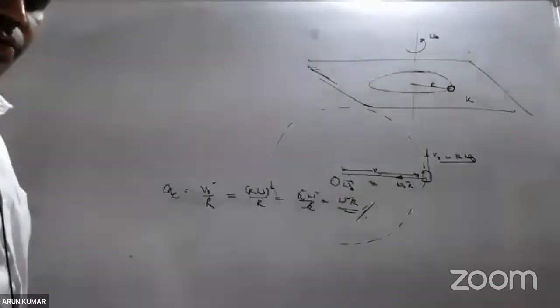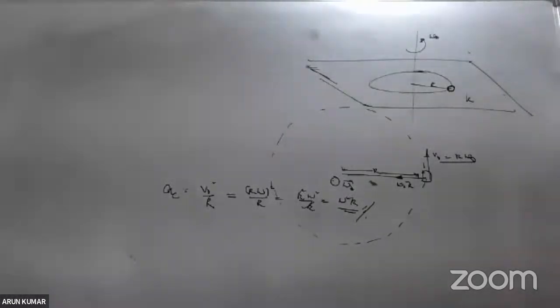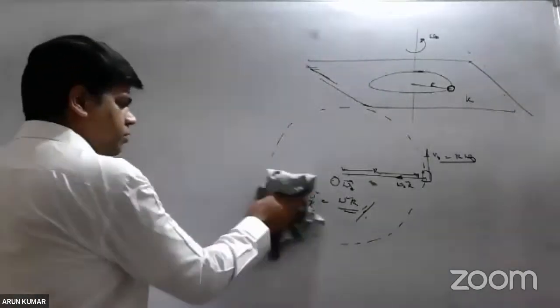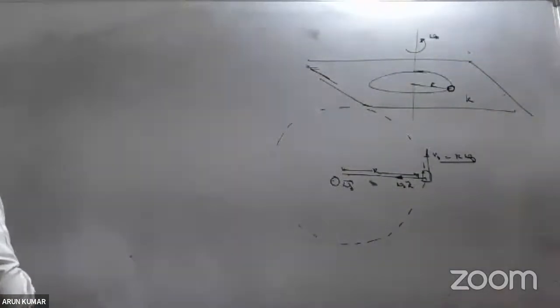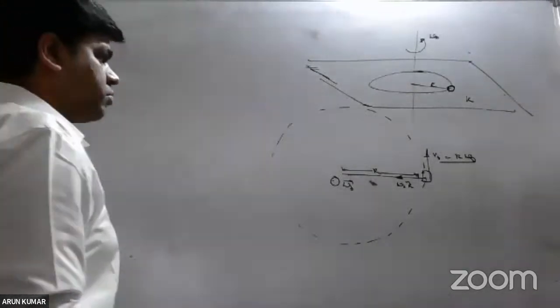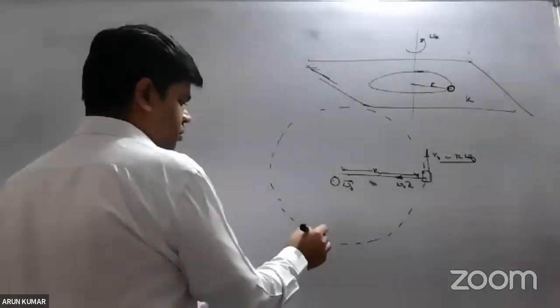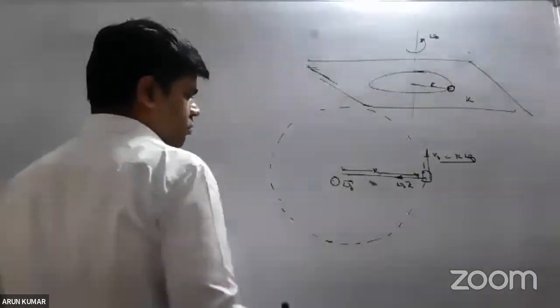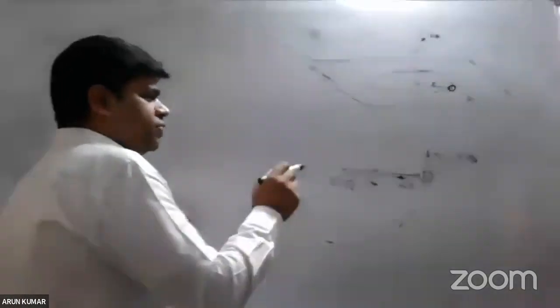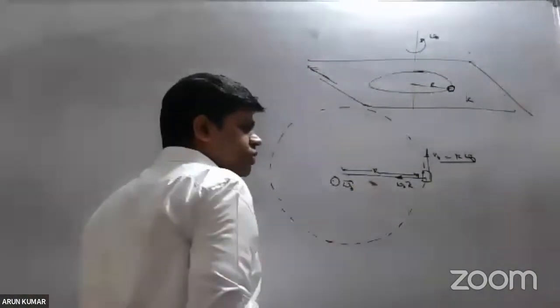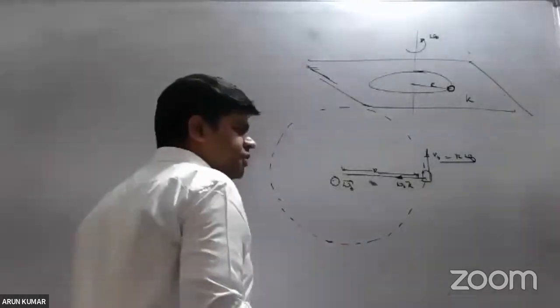All right. Now, friction is the only force which is responsible for the acceleration. So friction should be in the direction of centripetal acceleration.